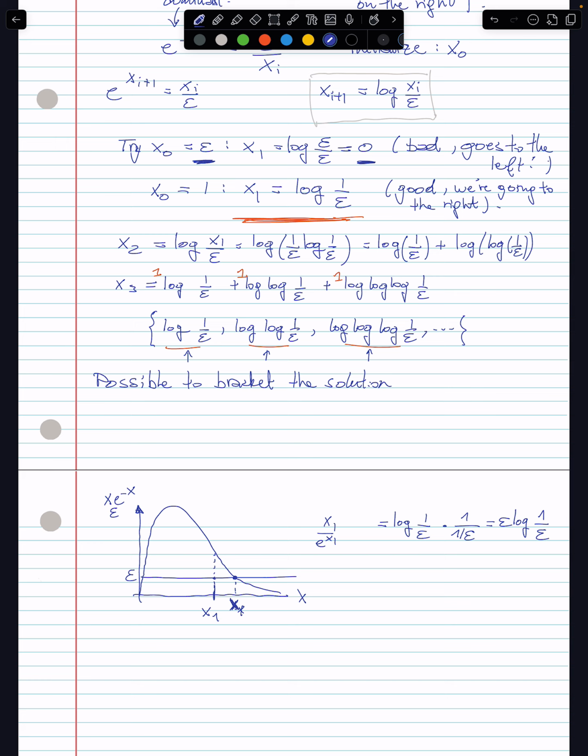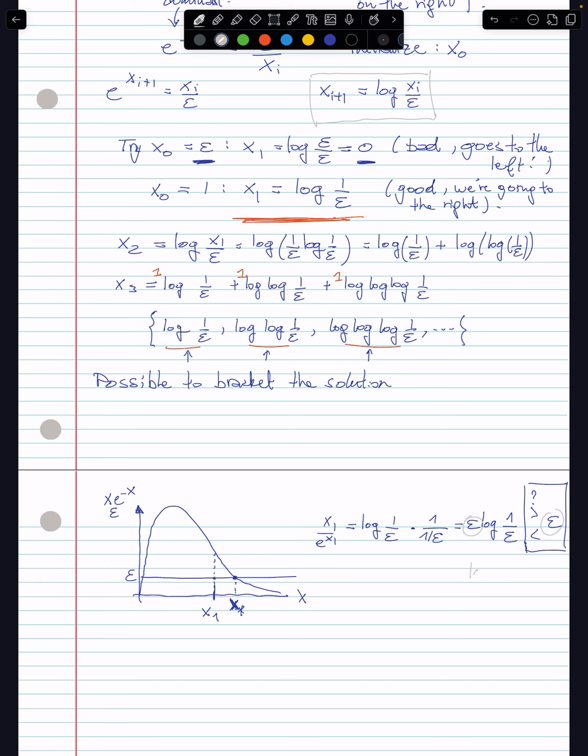And we would like to know whether this quantity is larger or smaller than epsilon. That's what we want to assess. Well, this is quite easy because we see that we have epsilon and epsilon over there.